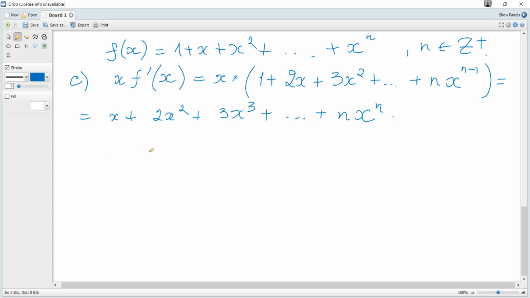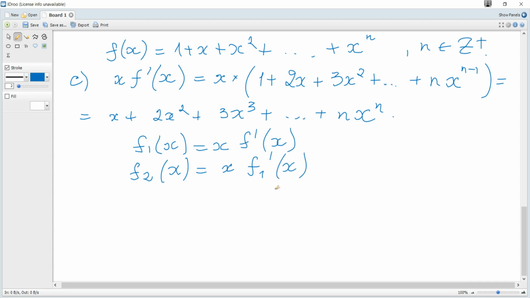Let f1 of x be x multiplied by the derivative of f, and consider the following family of functions. f2 of x is x times the derivative of f1 of x, f3 of x is x times the derivative of f2 of x, and so on.